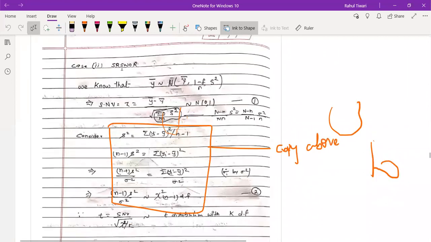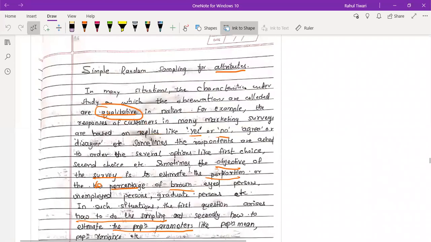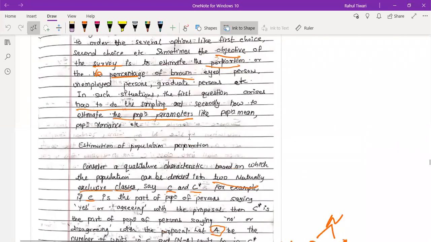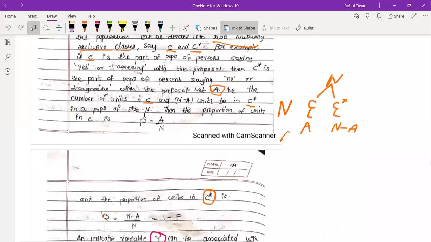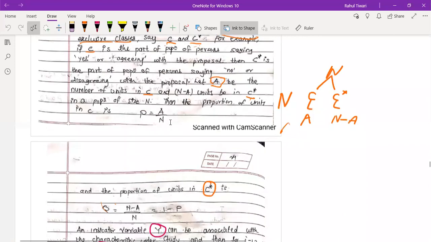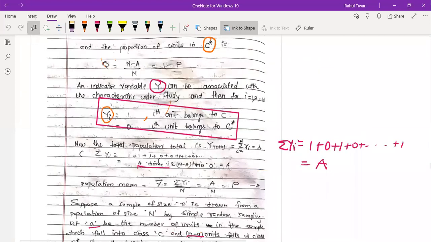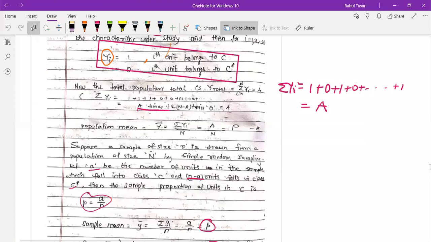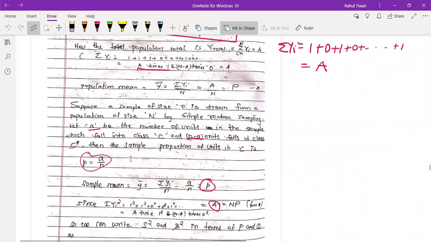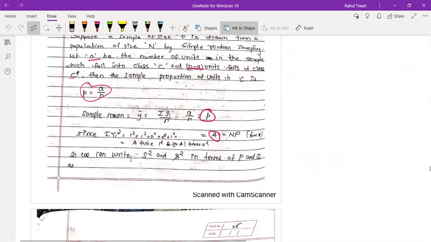And then we move to the attributes. In attributes also, you should know capital P is A upon N, then capital Q. Then we have defined the indicator function yi, and then with the help of the sample, we have small p, the sample proportion.